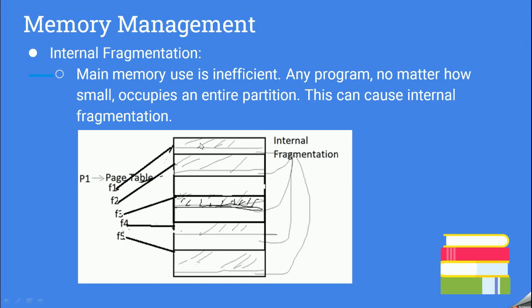For example, the first frame F1 is allocated and there is some space wasted after that, and F2 is also allocated, and in this partition some space will be left over. That is a wastage of space. Whatever is left over from a particular frame or partition is called internal fragmentation. That means if you have a partition of 100 KB and you have allocated just 80 KB, the 20 KB that is left over is called internal fragmentation.